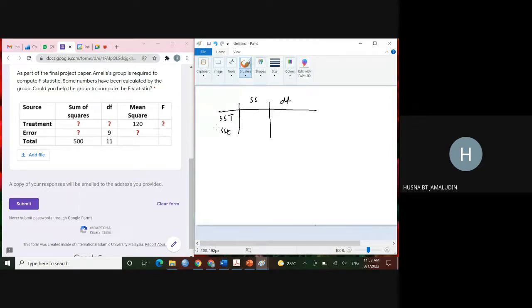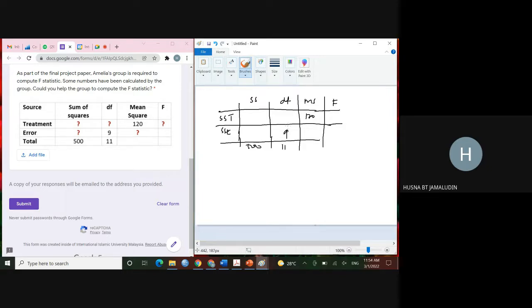This is blank, and this is also blank. And then you're going to have the total somewhere here, which is 500, and this is also missing. And then you have 9, 11, and 120. The last ones are mean squared and your F, which is this part.